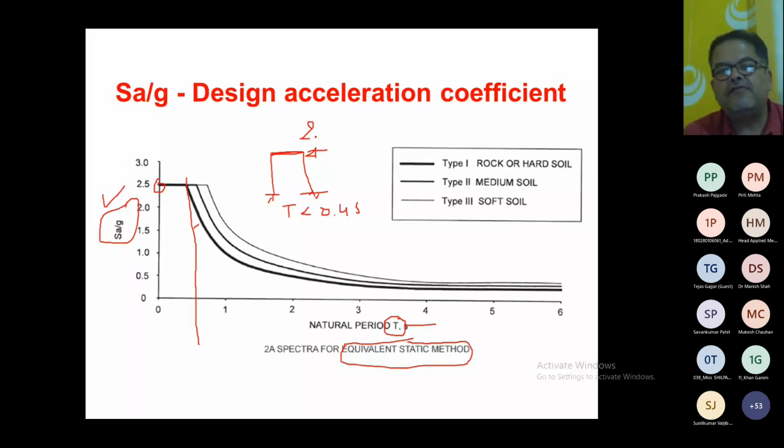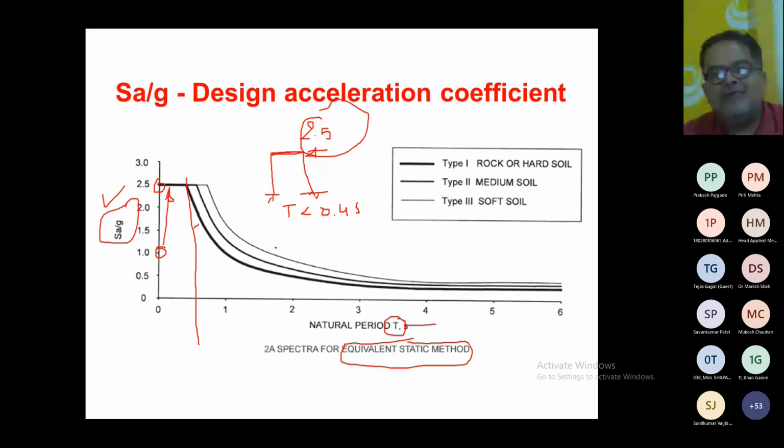This is the peak ground acceleration, and your response is enhanced 2.5 times.